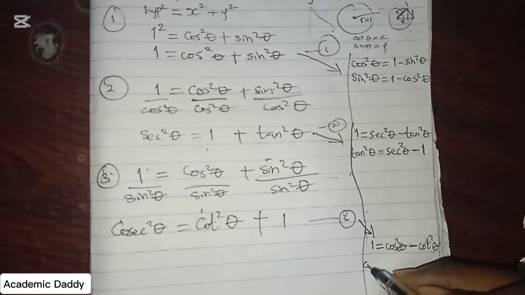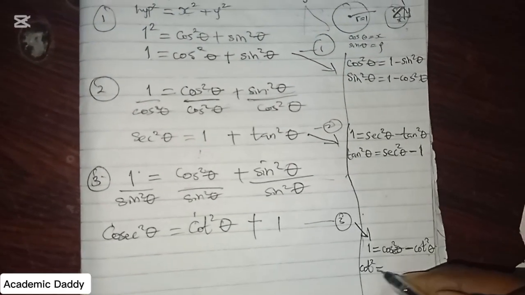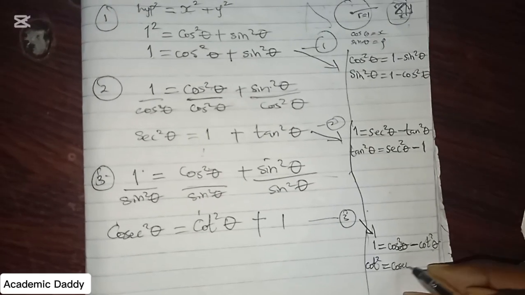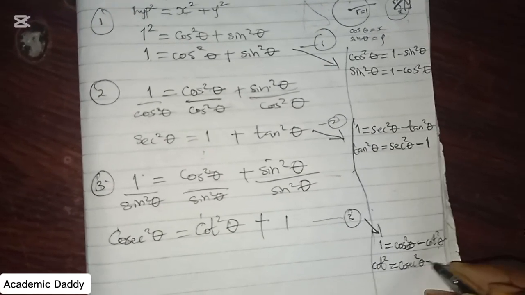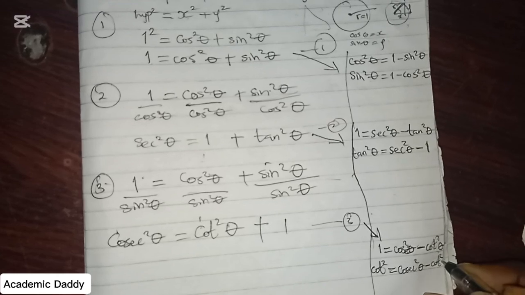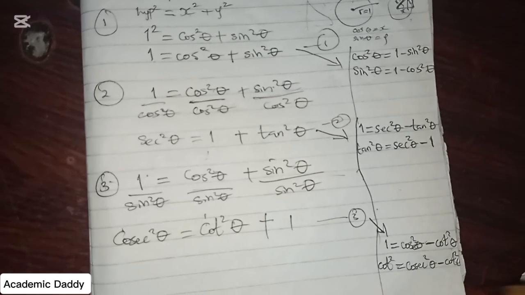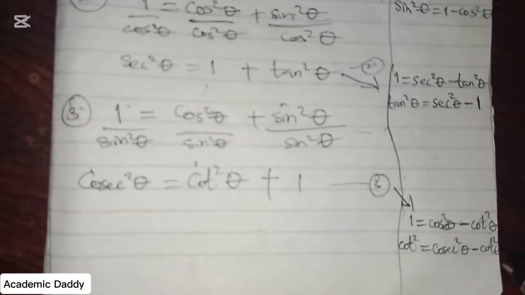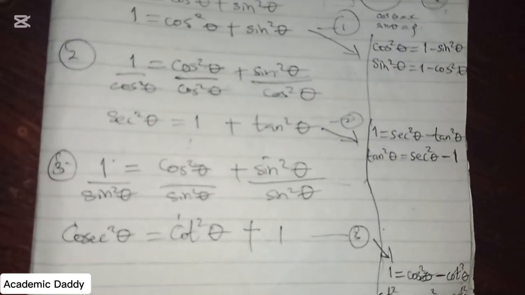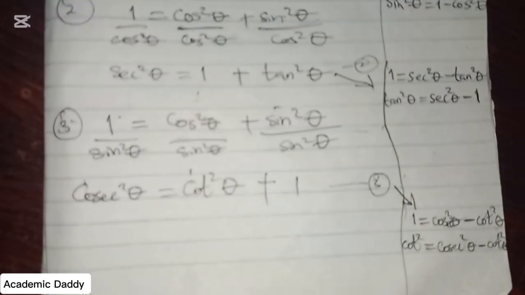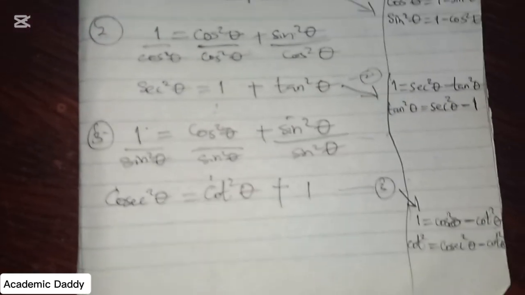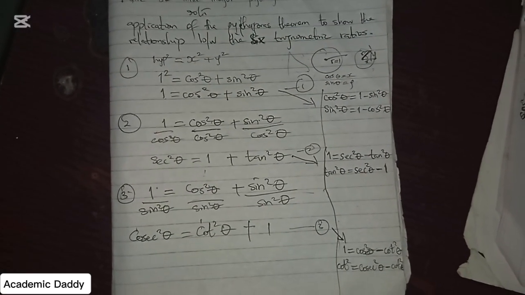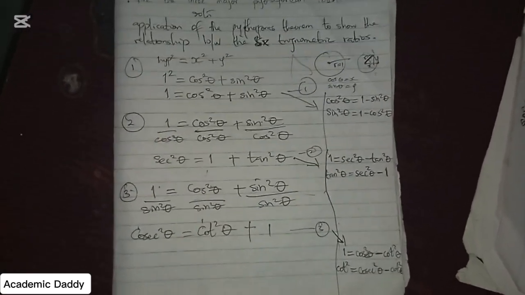And if I make cotangent square theta the subject, it equals cosec square theta minus 1. So there you have it, the three major standard identities, or three major Pythagorean identities.